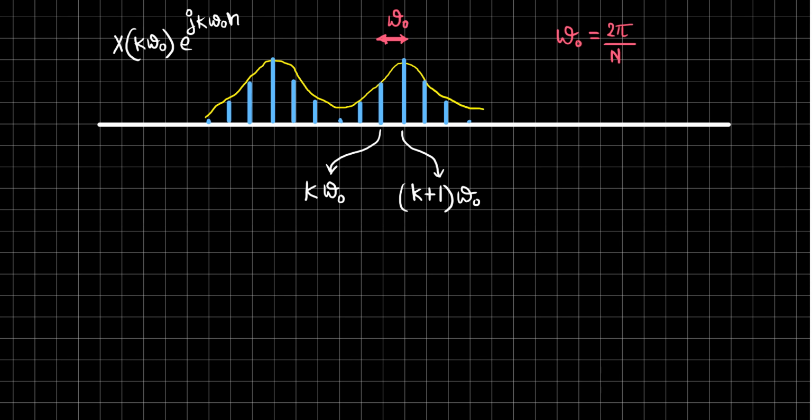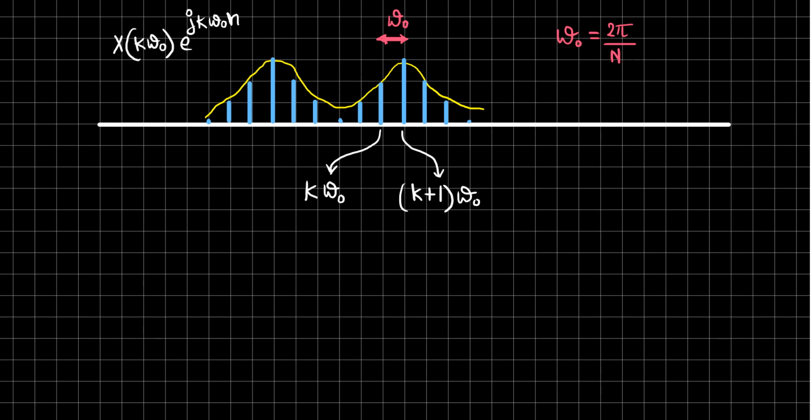Why? Because N is tending towards infinity, and if N tends towards infinity, this omega naught, that is the gap between two consecutive samples, is going to reduce towards 0. So if these two samples come closer and closer, close enough such that there is no gap in between, it would take the shape of a continuous variable.